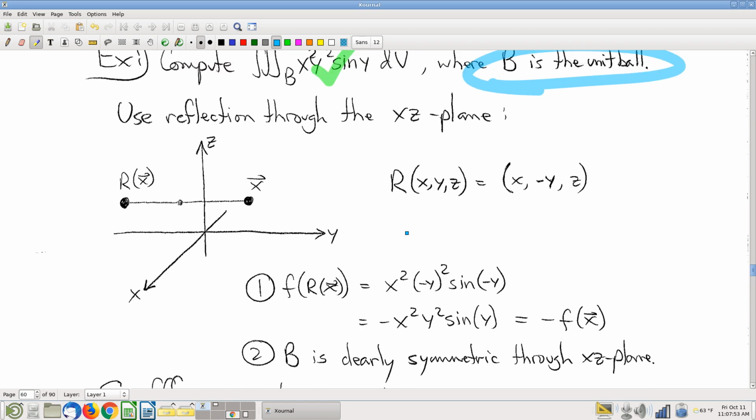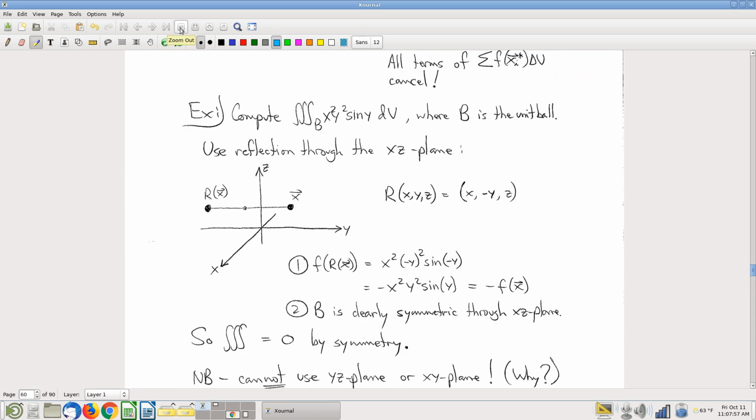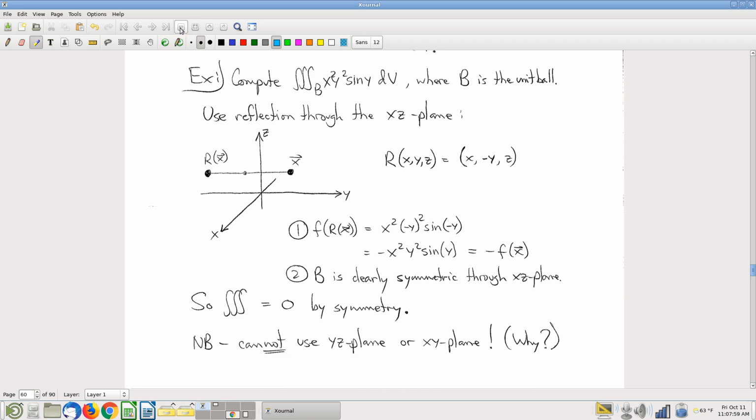Okay, so the rules. If you want to apply a symmetry argument in this class, I strongly encourage, unless the problem explicitly disallows it, you have to tell me what plane you are using. That needs to be indicated. You have to give me the formula for the reflection through that plane.